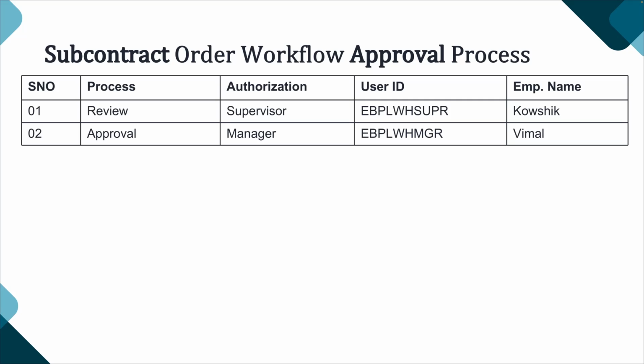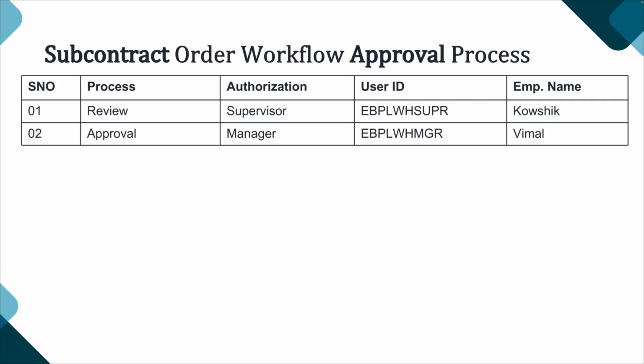Our supervisor is Kaushik, who will be reviewing the document. And that particular document will be forwarded for approval to our manager. After the approval, the Closeshort quantity will be updated in your subcontract order.